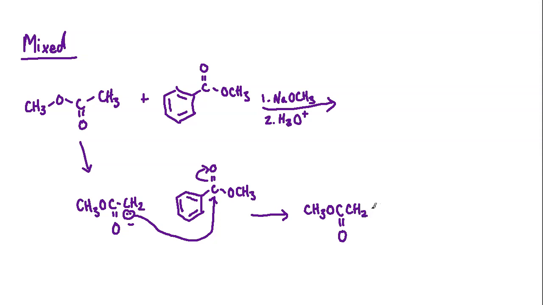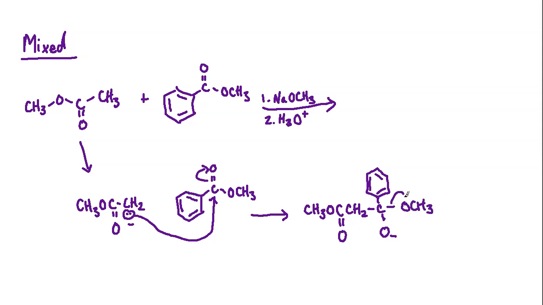That CH2 attacked a carbonyl. Now this would be O minus at this point, and I would still have the ring, if I can draw it properly. And then I would also have the ester portion.